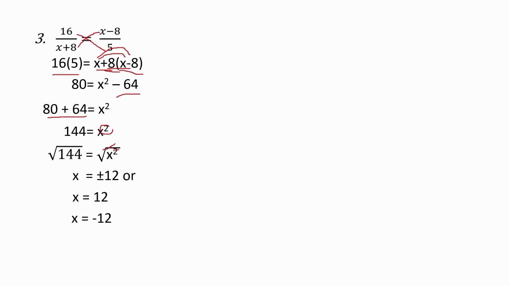So therefore x is equal to the square root of 144, that is positive or negative 12, or we can write it separately: x is equal to 12 and/or x is equal to negative 12. Now you can check your answer if both the positive and the negative 12 will satisfy the proportion.